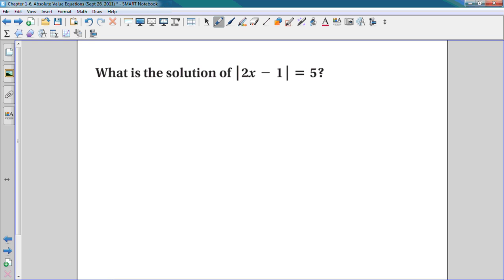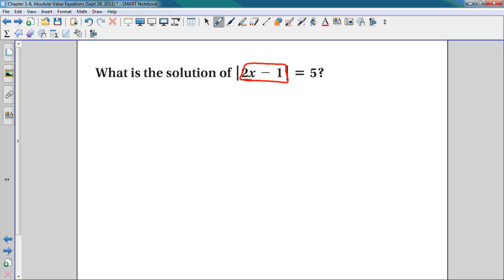Okay, so here we have an equation, and this is an absolute value equation. So look inside the absolute value sign and say, okay, if 2x minus 1 is going to be positive 5, it'll work. If 2x minus 1 is also negative 5, it will also work. So you have to have two cases.